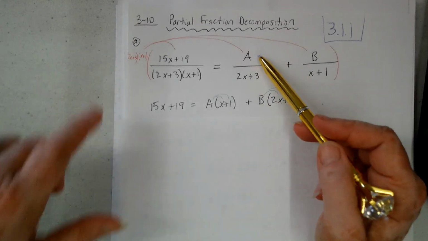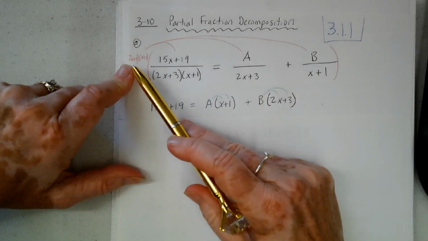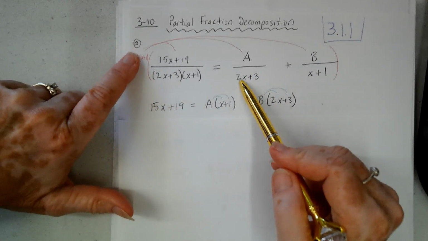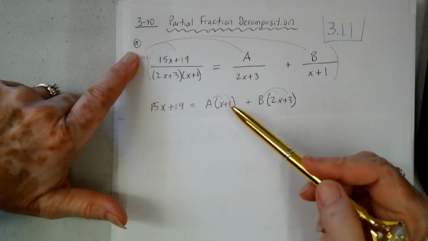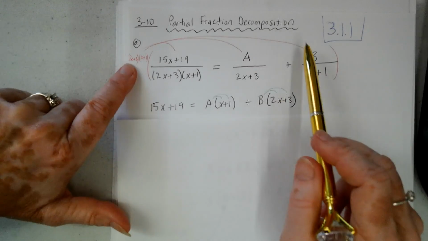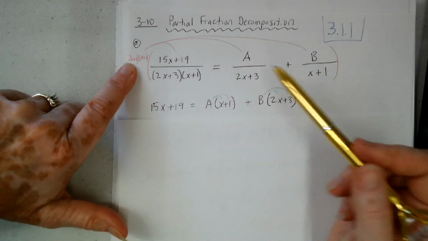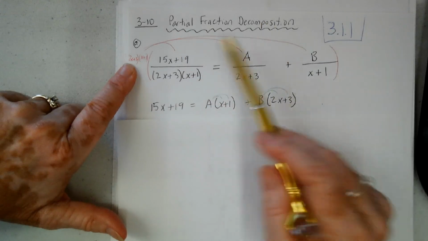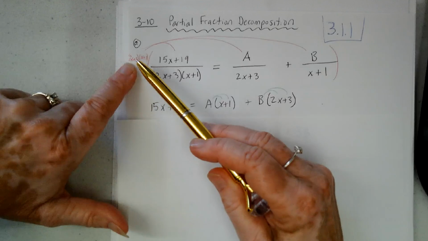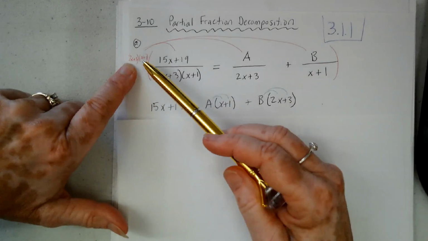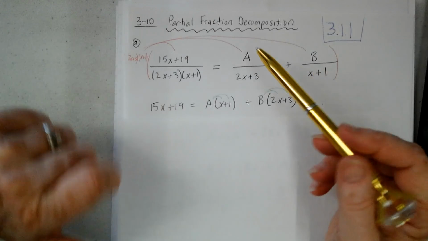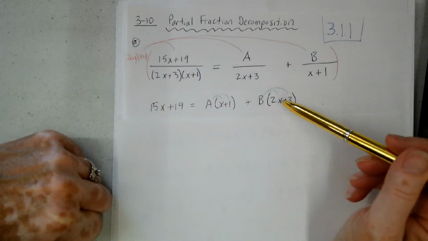And then when I multiply the second fraction, the 2x plus 3 cancels out with the other 2x plus 3, and I end up with x plus 1 times A. And I have an equal sign, so I don't have to use a giant 1. I'm just multiplying both sides of the equation by 2x plus 3 times x plus 1. So when I multiply the last fraction by 2x plus 3 times x plus 1, the x plus 1s are going to cancel out, and I'm going to end up with B times 2x plus 3.